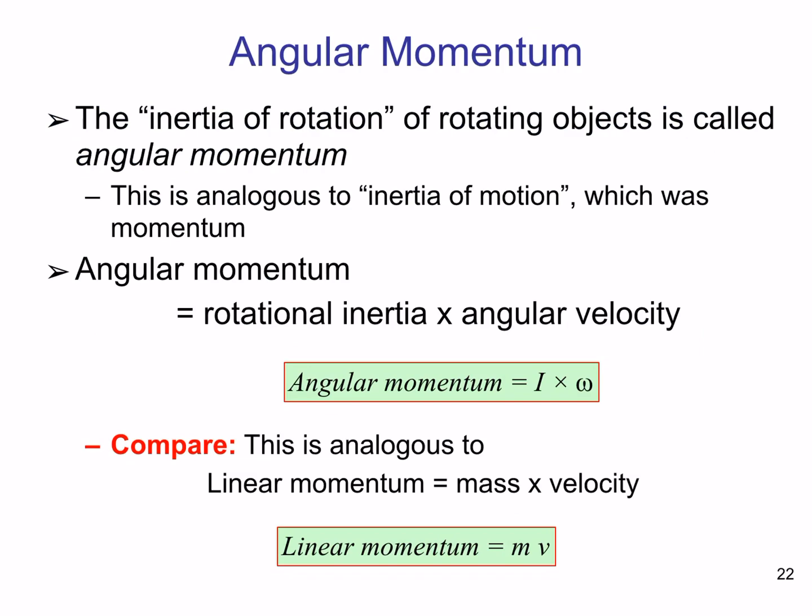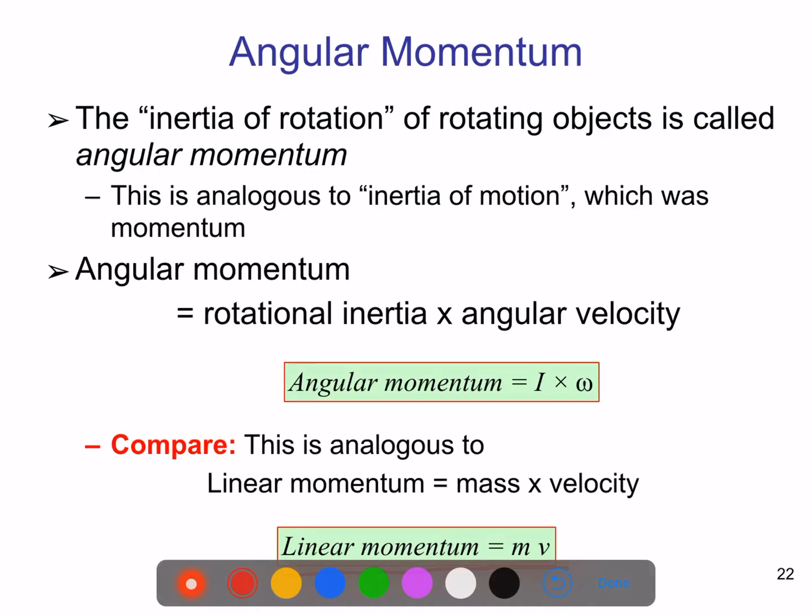Okay, so the final thing that we need to discuss in Chapter 8 is angular momentum. So angular momentum is the rotational analog to linear momentum. If you can think back to what we discussed, linear momentum was the mass times the velocity.